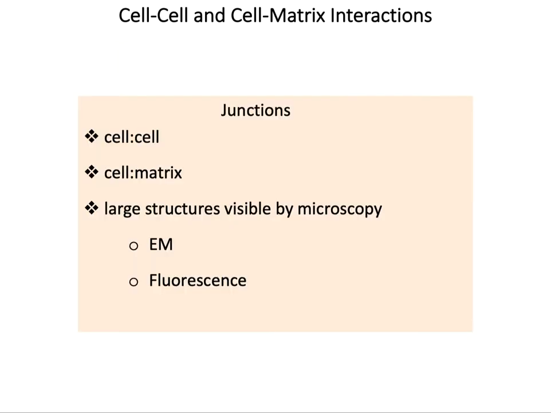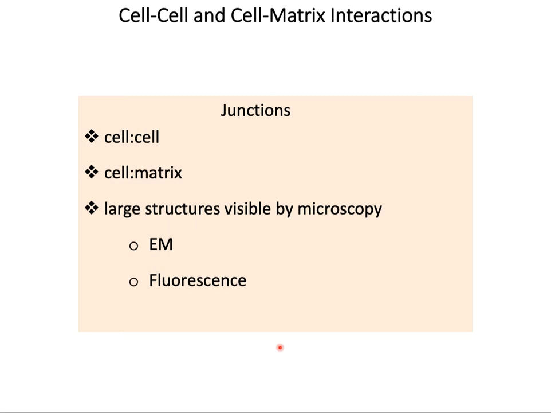The way in which cells interact with each other and with the matrix is through structures known as junctions. These are a large collection of proteins with very large structures that are visible by microscopy.